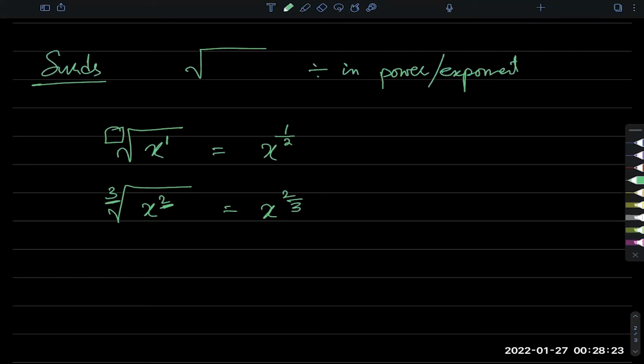So that's what it means. So for example, if I have x power 4 over 3, I can write it as x power 4 divided by 3. The reason this looks like a division sign is because it is a division sign, but it's just the division in power.